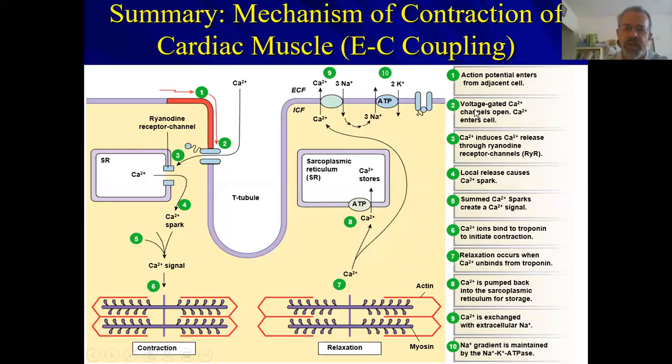Remember, of course, in cardiac muscle, excitation-contraction coupling, or EC coupling, involves an influx of calcium from the outside, which activates the release of calcium from the SR, what we call calcium-induced calcium release. Calcium then binds to troponin and triggers the contraction. And then, to end the contraction, calcium is pumped back both into the SR and also out through the sodium-calcium exchange.